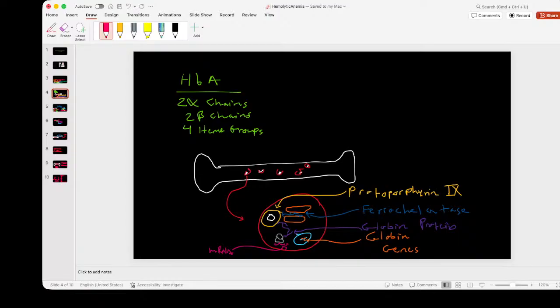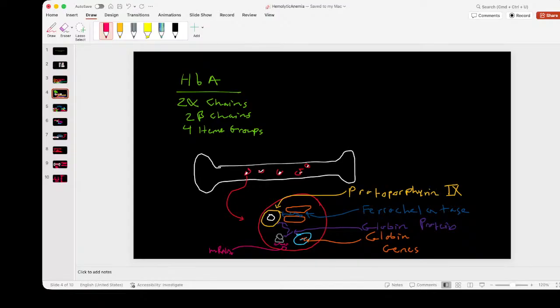And whenever the globin protein binds to it, it becomes the hemoglobin of the red blood cell. And that gets out into the system and starts working on oxygen delivery and oxygen transport throughout the other parts of the body.